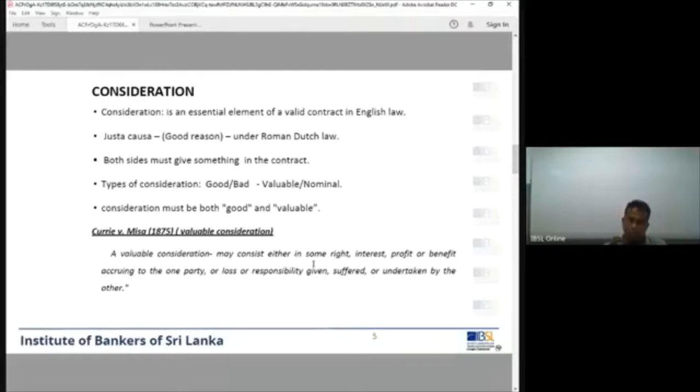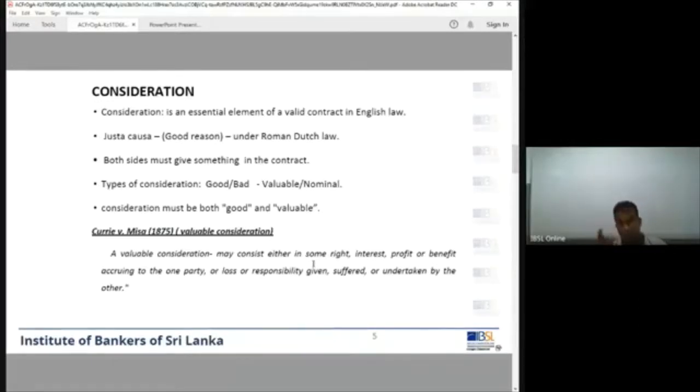If it is a contract governed under English law, you have to see whether the consideration is there. Justa causa or good reason is an element under Roman Dutch law. That is the difference between consideration and justa causa.